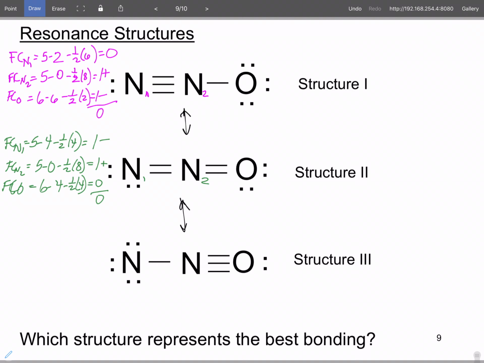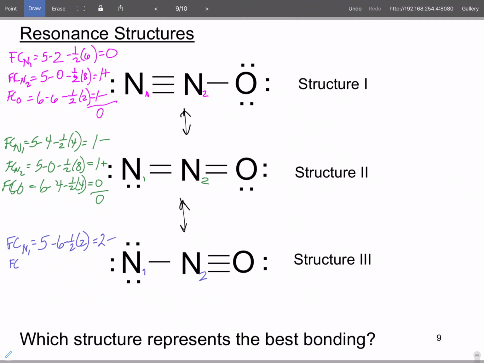Okay, so I'm going to switch colors again. Again, I'm going to call this nitrogen 1 and nitrogen 2. So here the formal charge of N1 is equal to 5 minus 6 minus 1/2 of 2, which is 5 minus 6 is minus 1, minus another 1, that's 2 minus.